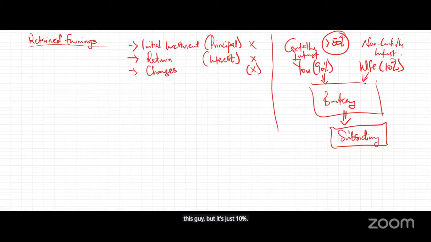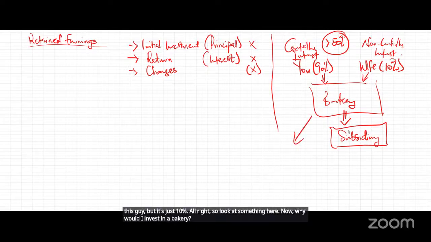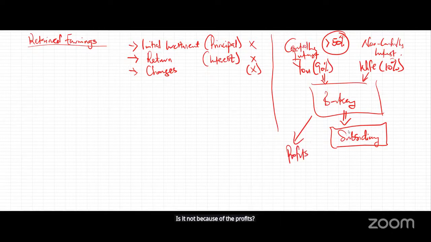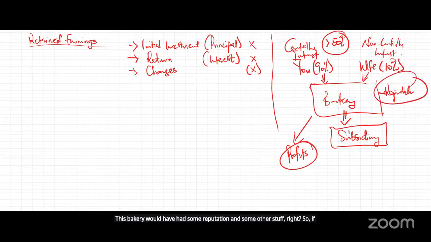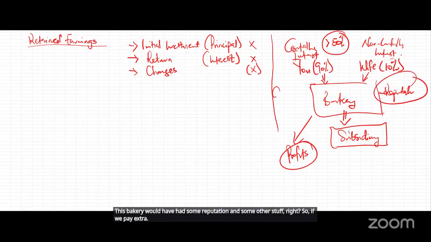All right. So look at something here. Why would I invest in a bakery? Is it not because of the profits? Yes, sir. Good. But then this bakery would have had some reputation and some other stuff, right? So if we pay extra, that extra we pay is what we call goodwill.